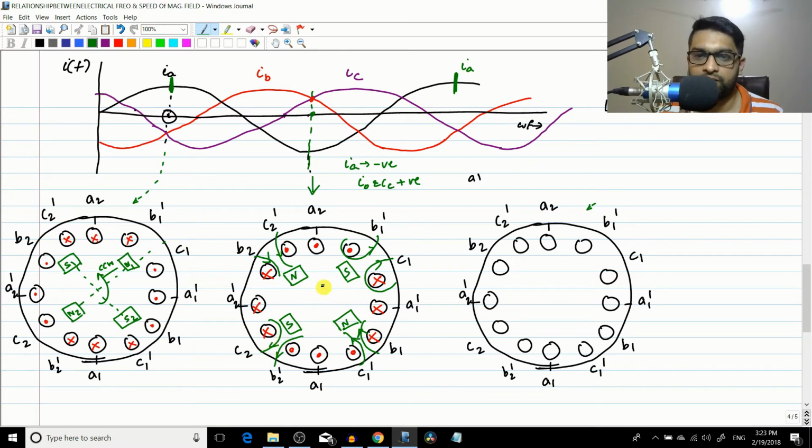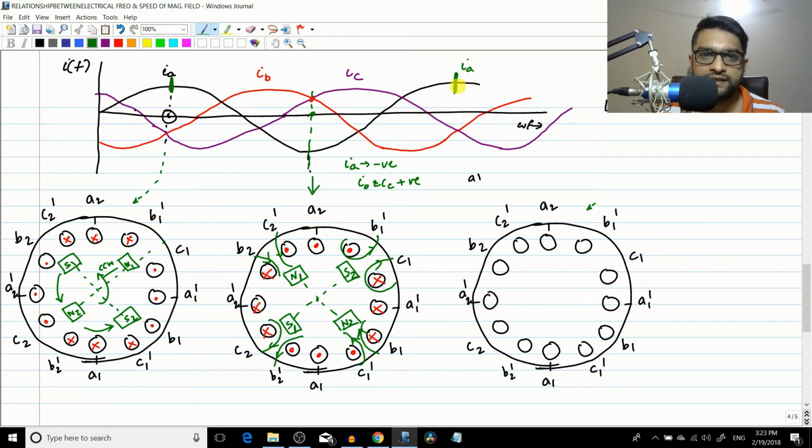So basically what has happened in this intermediary position, since it is a counterclockwise rotation, is that N1 has moved counterclockwise and come to the S1 position. S1 has moved to N2's position. N2 has moved to S2's position, and S2 has moved towards N1's position. So one small rotation has happened. It is not a 360 degree rotation, it is some rotation based on this particular time period.